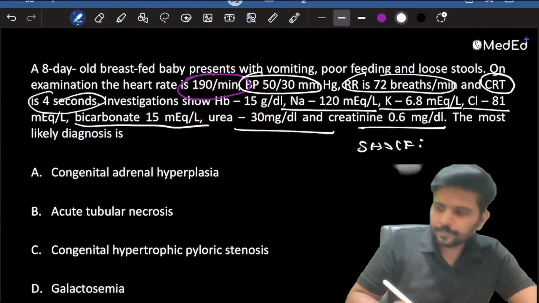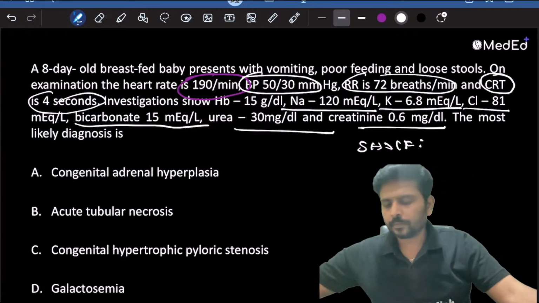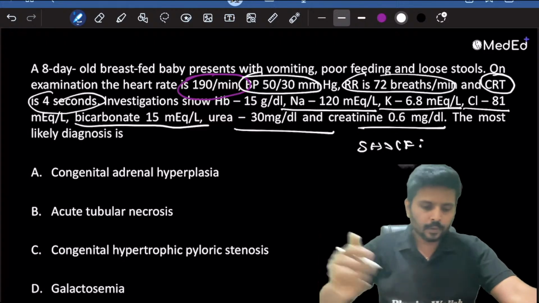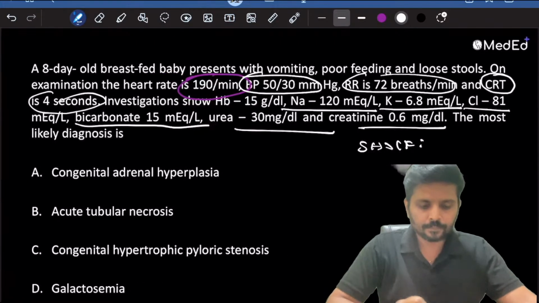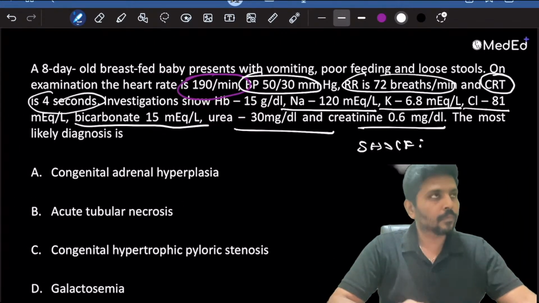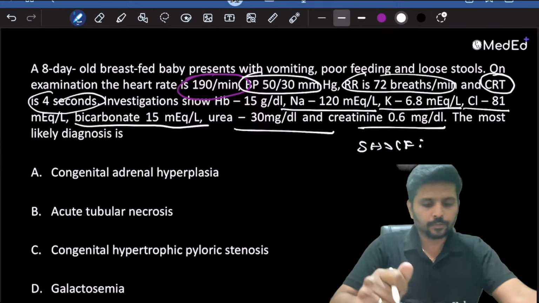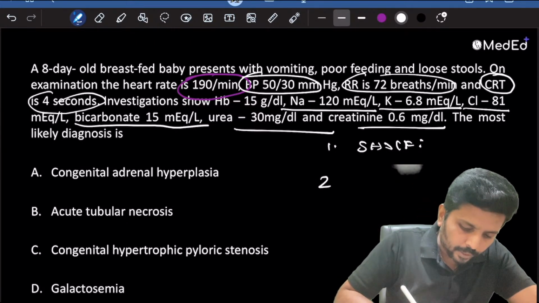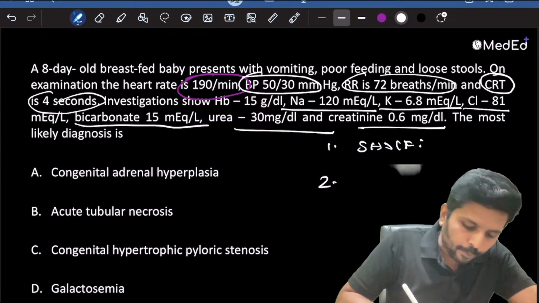So right now you have the child is in shock, point number one. Second point is hyponatremia.